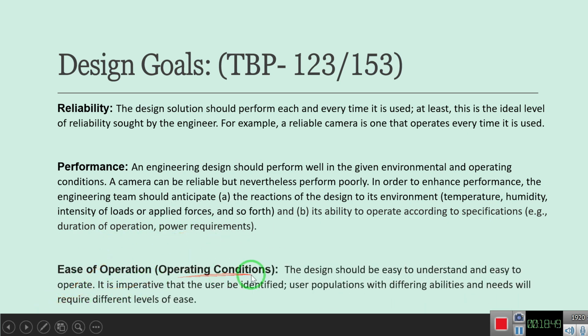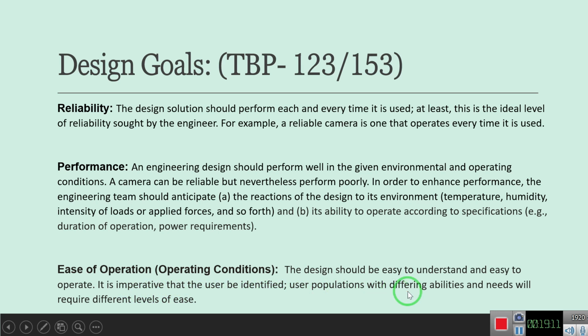Ease of operation. How to use it, how we can operate it very easily. The design should be easy to understand and easy to operate. It is imperative that the user be identified.